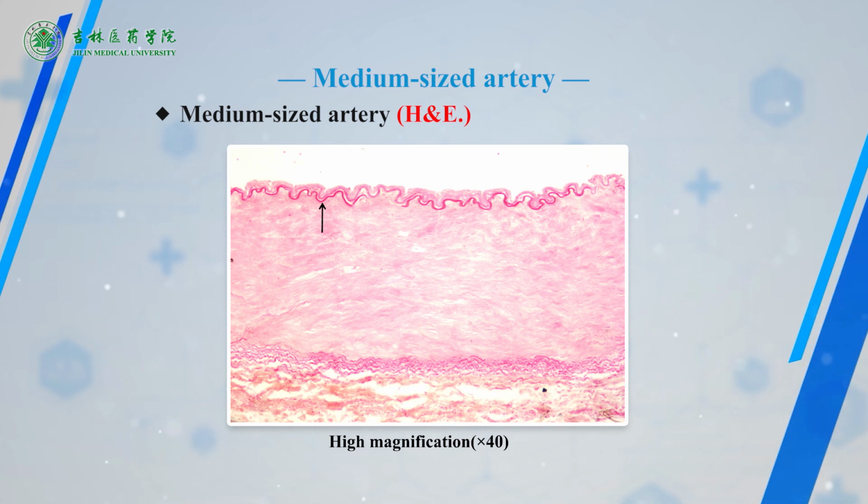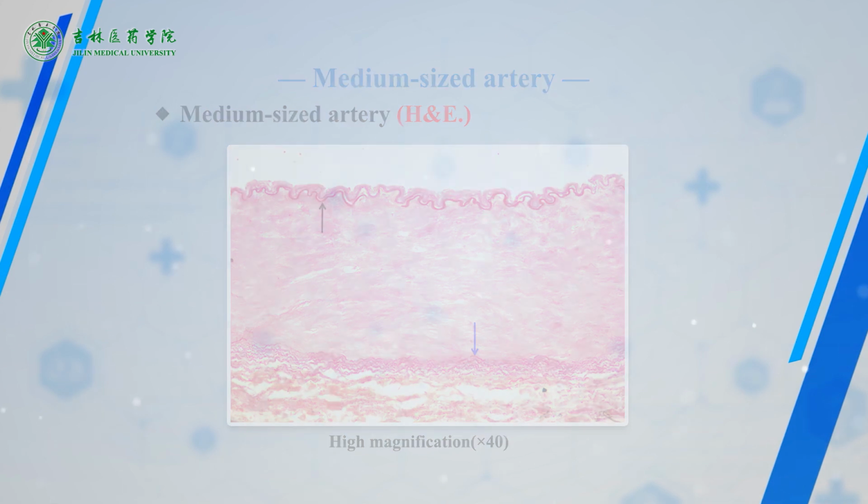Blue arrow indicates. The elastic fibers are cut into irregular fragments, which become sparser outward and finally can't be distinguished from the outside loose connective tissue. There are small vessels and nerves in the adventitia.